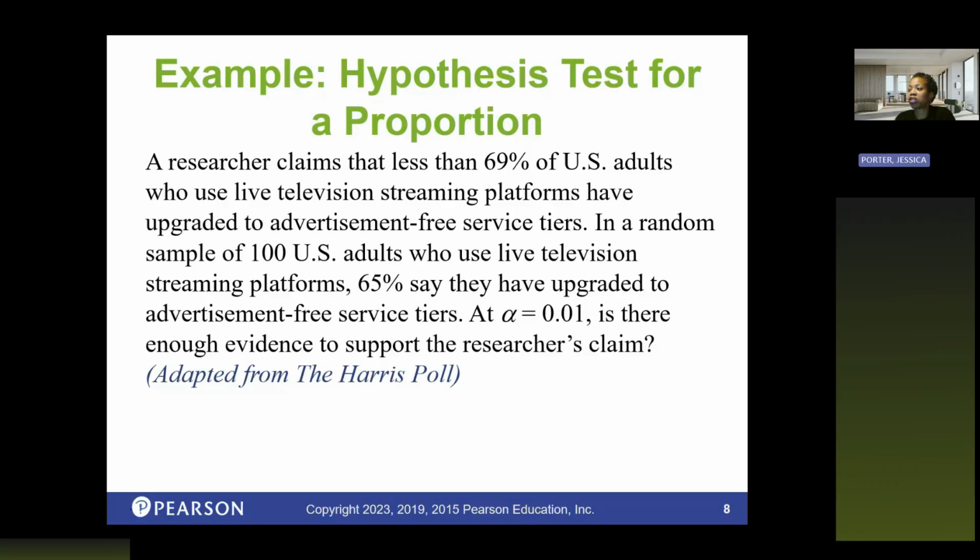Well, let's first check np greater than or equal to 5. Remember, np greater than or equal to 5 and nq greater than or equal to 5. So n is 100 and p is 0.69.